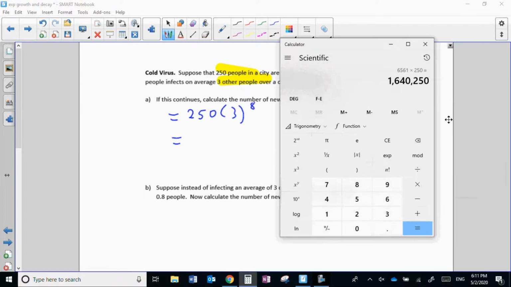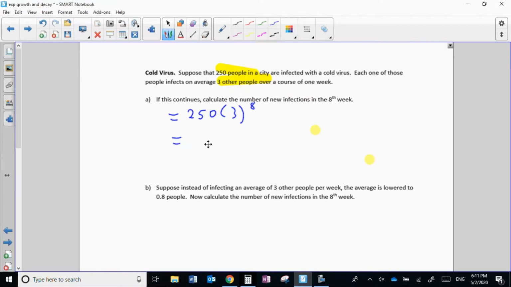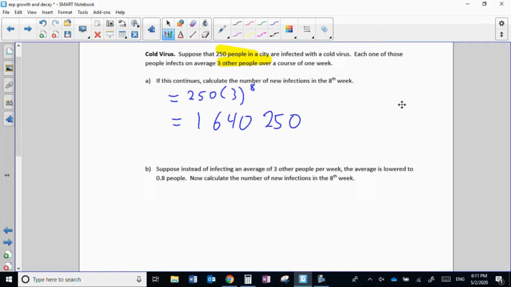And since 3 to the power of 8 is such a big number, you end up getting a massive number: 1,640,250 people infected in the 8th week. That might seem a little surprising, but it has to do with the fact that, like I said, multiplying by 3 8 times, things get big very quickly. And that's just the number of new infections that week. It's not the total. The total would be even more. It'd be adding up all those other weeks.